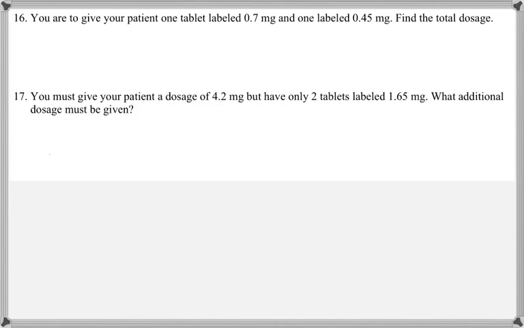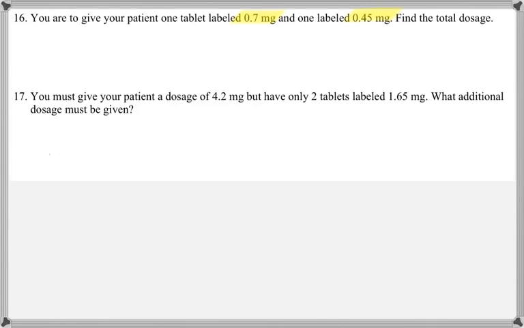Question number 16 says, you are to give your patient one tablet labeled 0.7 milligrams and one labeled 0.45 milligrams. Find the total dosage. So I have one labeled 0.7 and one labeled 0.45.